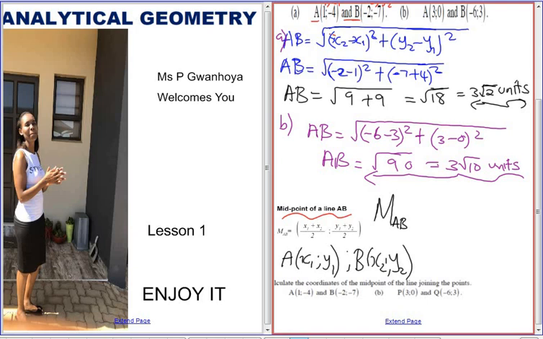I hope it is visible. But if you cannot see that, the midpoint is simply going to be you adding these two x coordinates, x1 plus x2, and dividing by 2. Then the y coordinate, you get it by adding the two y coordinates and dividing by 2. That is something you already know.